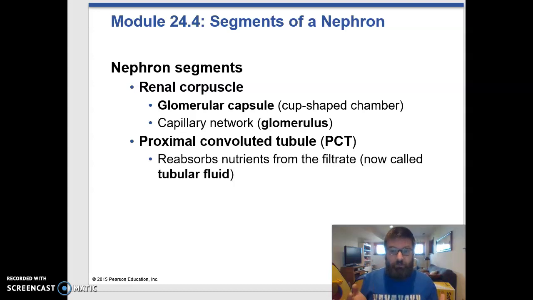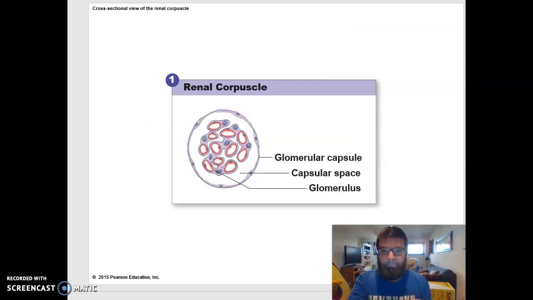But both of those two things are subdivided into a couple of parts. So the renal corpuscle is divided into a glomerulus and a glomerular capsule, which is around the outside. Now, the glomerulus is just a ball of capillaries with some cells there to support them. And they are fenestrated capillaries, which means they have holes in them.